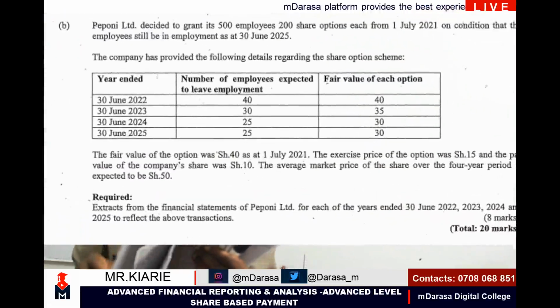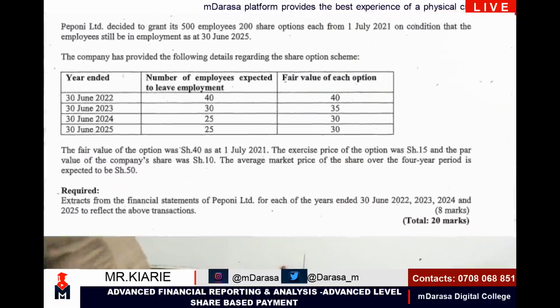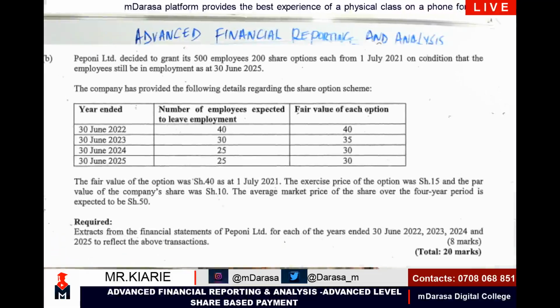September 2021, question 3B. The question reads, PDA Limited decided to grant its 500 employees 200 share options each from 1st of July 2021, on condition that the employees will still be in employment as at 30th June 2025.